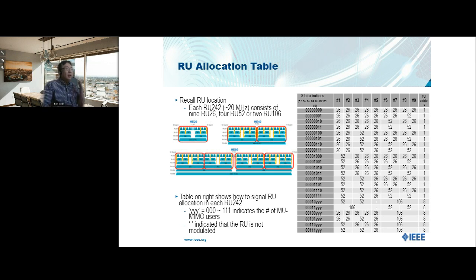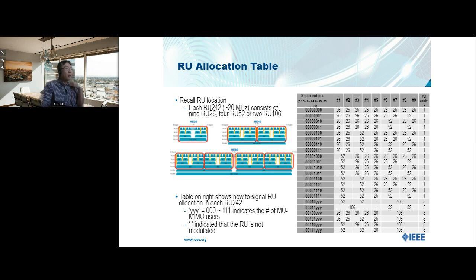Things start to change when you go to the rows with RU106. Now instead of one entry, you have 0010YYY. What does it mean? Remember we said that when you go to RU106 and above, the RU may be assigned to MU-MIMO transmission. So this YYY indicates how many users are in this RU106 transmission.